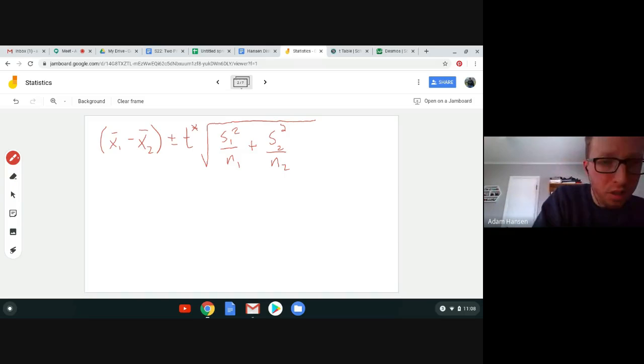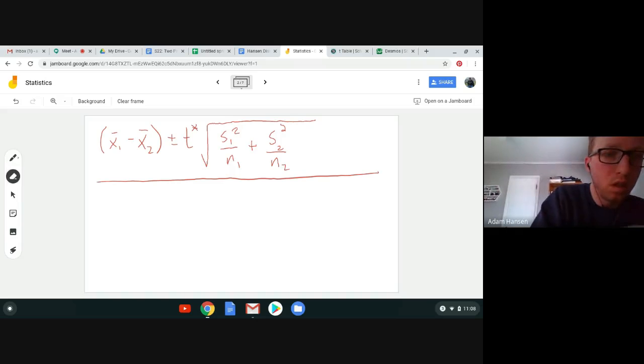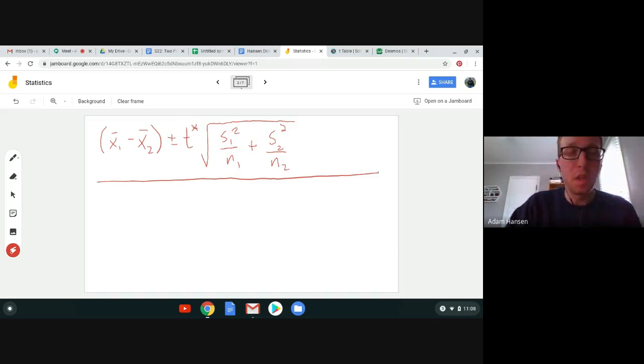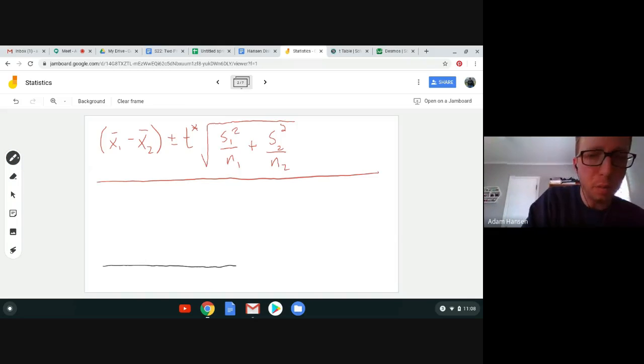Now, before we actually set up the formula, let's talk about what t-score we need to make this overall confidence interval. I need a t-score that captures 90% of the distribution.